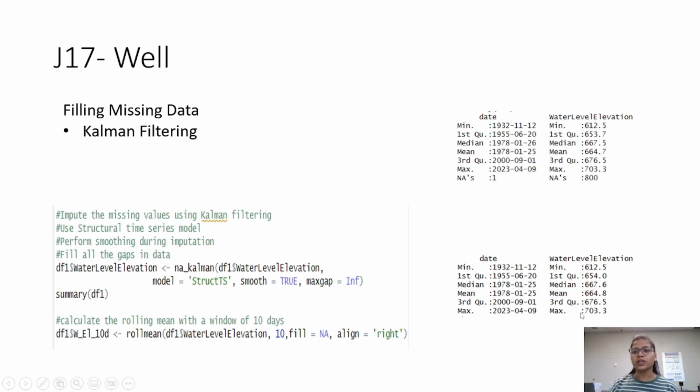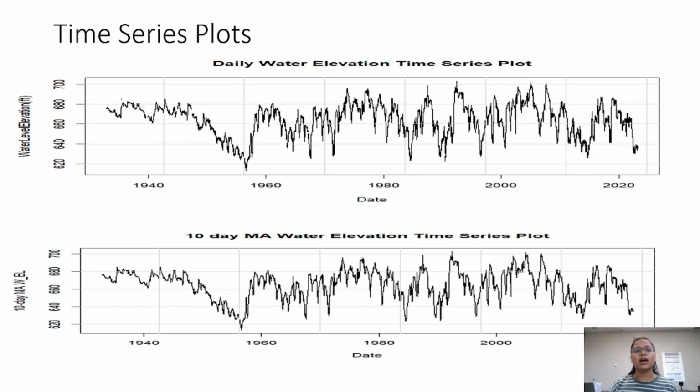The mean and median have also changed, but the change is small, so we can ignore it. Then I performed a rolling mean, a 10-day moving average. After that, I used the plot function to plot the time series between water elevation and date.